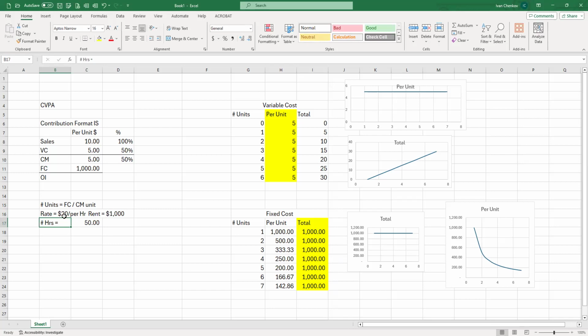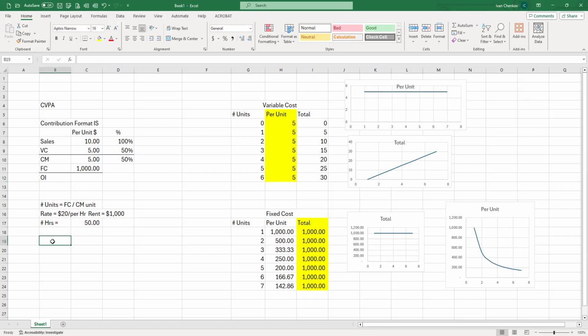And once you work 50 hours, once you generate that income, now we can look for the other expenses. For this company, per unit, the question now is how many units they need to sell in order to cover their fixed cost.